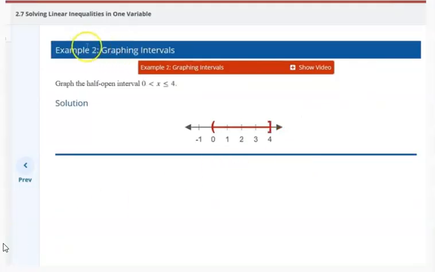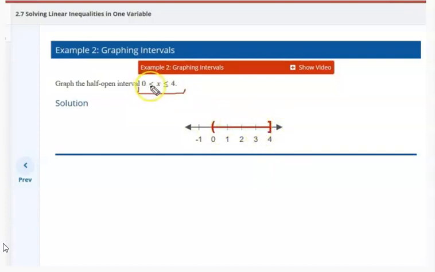Let's go on. So in example 2, you have this to copy down, and it reads 0 is less than x is less than or equal to 4. So again, on your number line, the numbers you're interested in are 0 and 4, so you can just sketch those in.